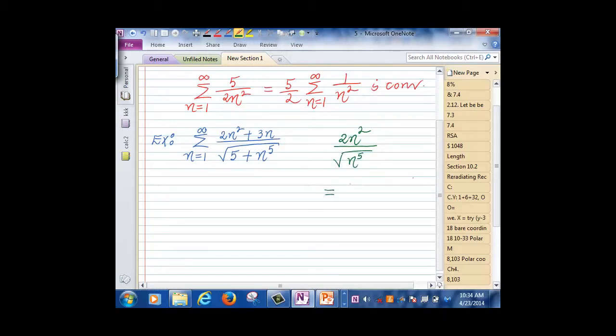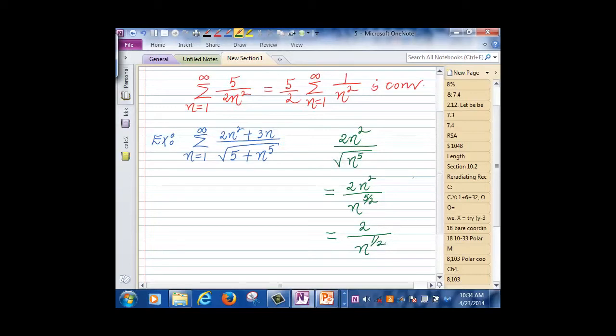Okay, so what's the root of n to the 5? n to the 5 half, right? So this is equal to n to the power of 3 halves in the denominator, with 2 out front.